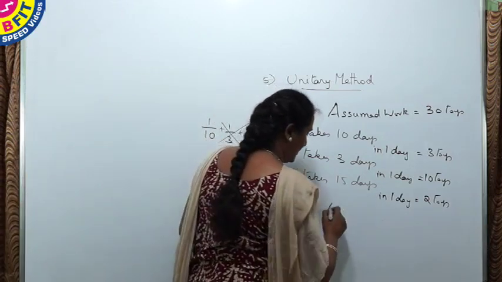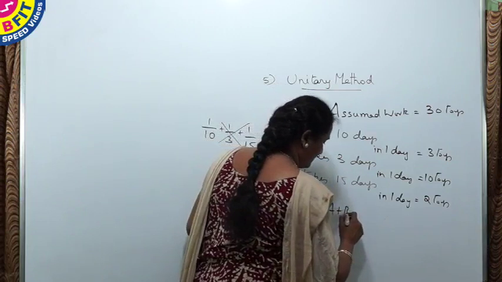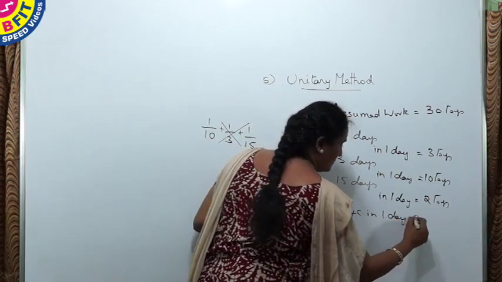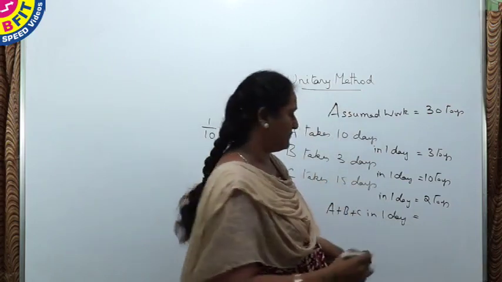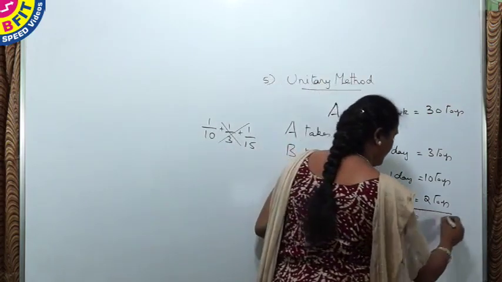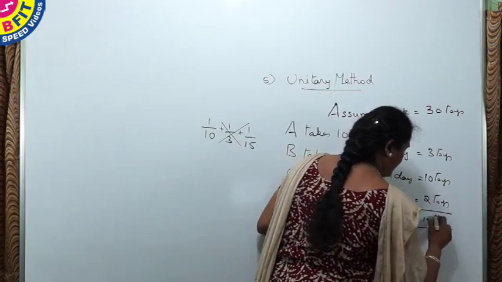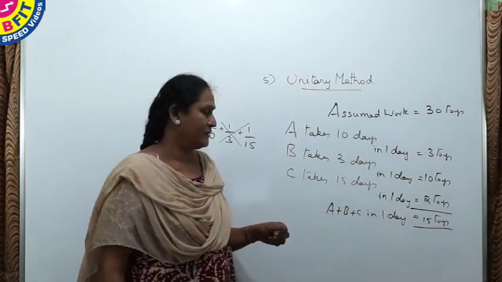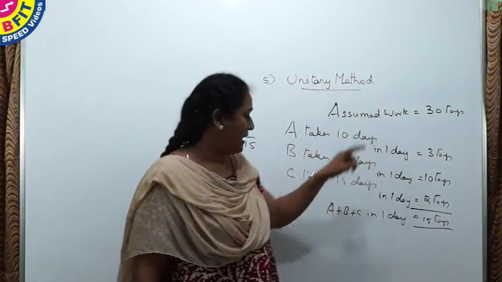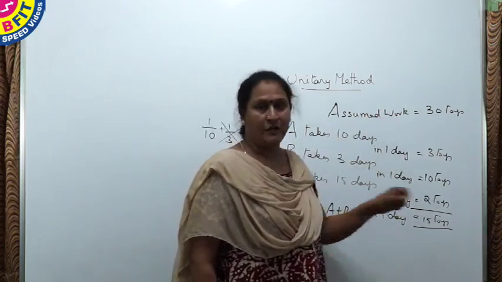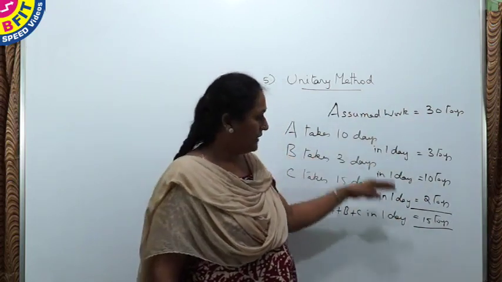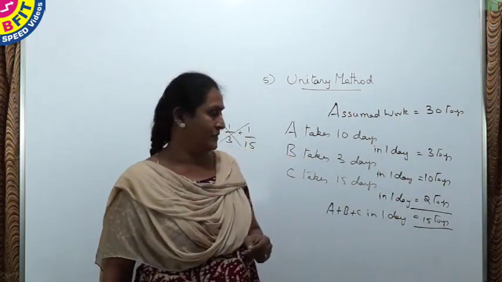So now adding all this work done by A, B and C, we have 15 toys. Here the work is 30 toys, and if all the 3 can make 15 toys per day, to make 30 toys they need 30 divided by 15, 2 days.